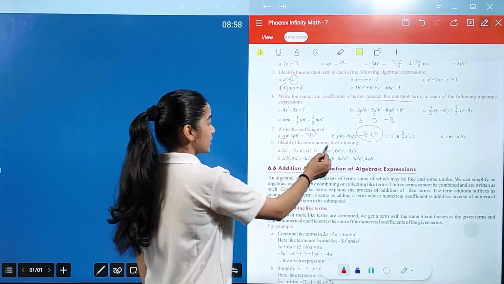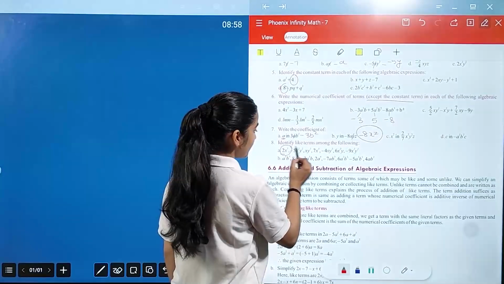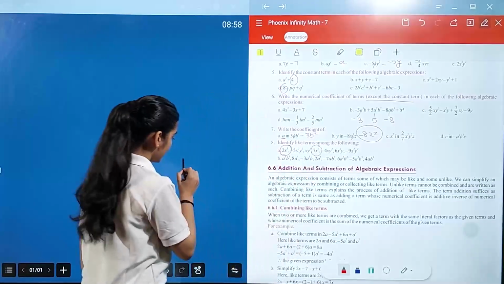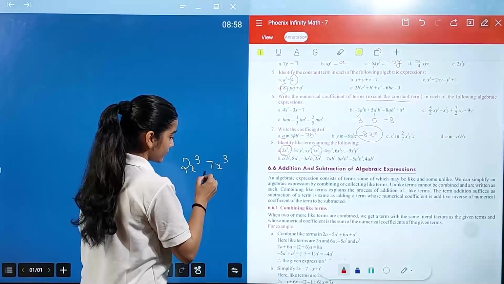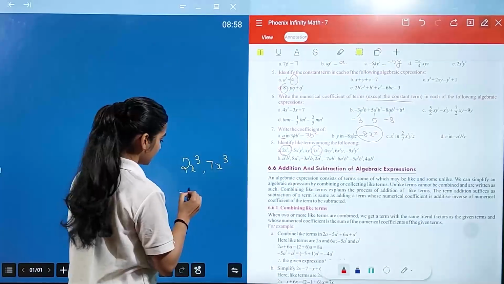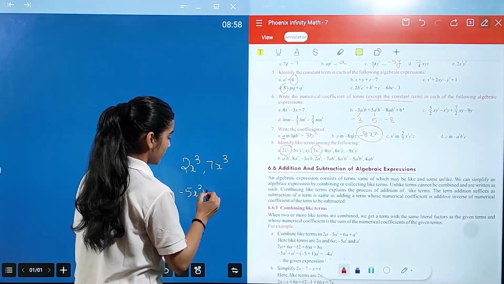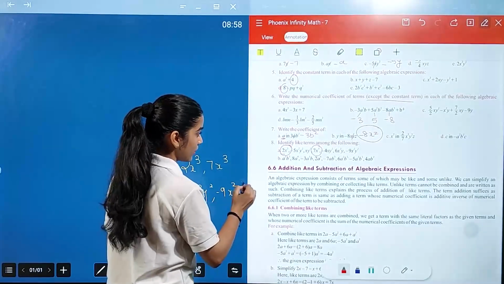Now we have question number 8. Identify like terms among the following. So 2x cube and 7x cube. Then minus 5x square and 5x square and y square. Minus 9x square and y square.